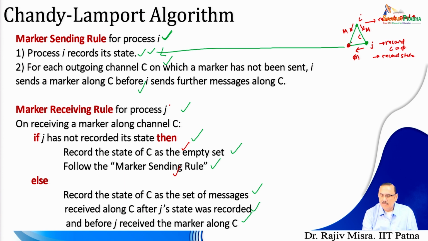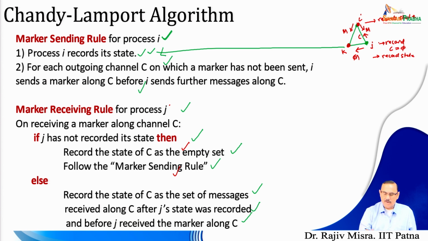Now, let us say K. For example, when I will receive the marker which is sent by J, let us see what will happen.